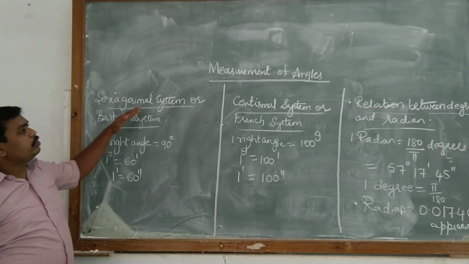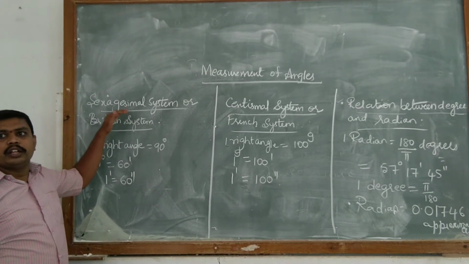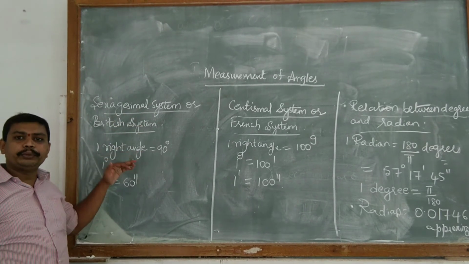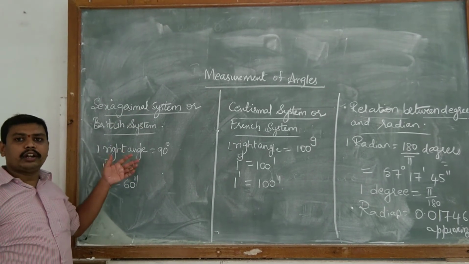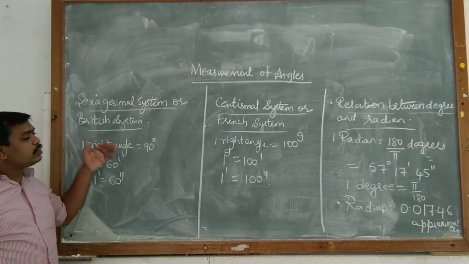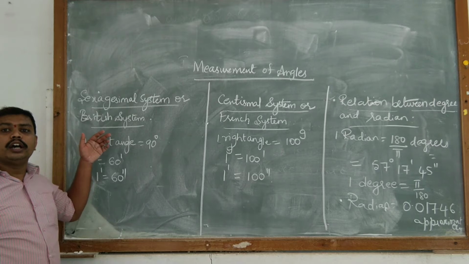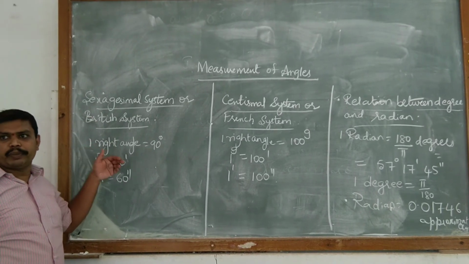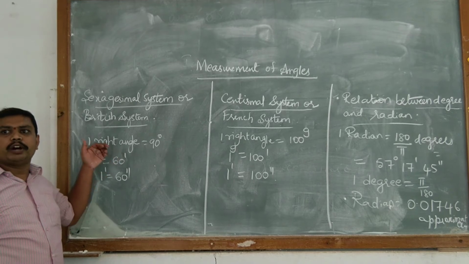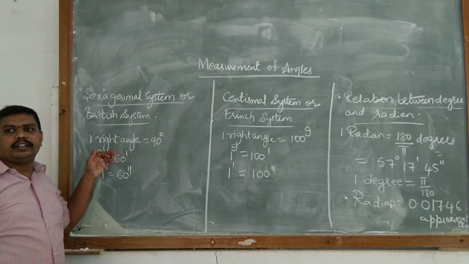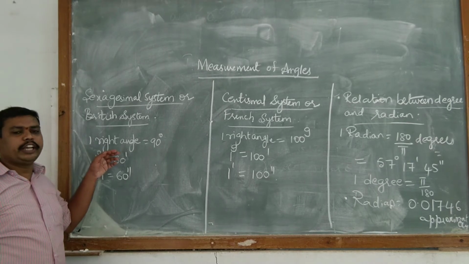The next concept is measurement of angles. This is basic important information which you are going to learn and recall when you do this chapter. This will be helpful in solving objective bits. In Part B, you are going to get fill-ups, multiple choice questions, and match the following also.